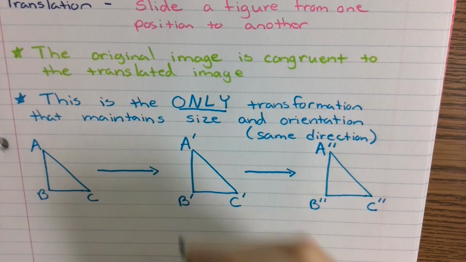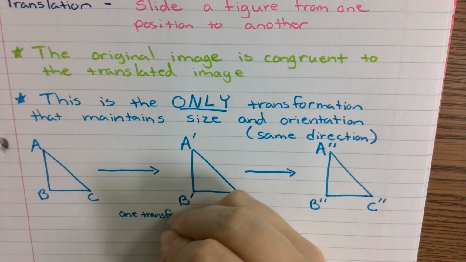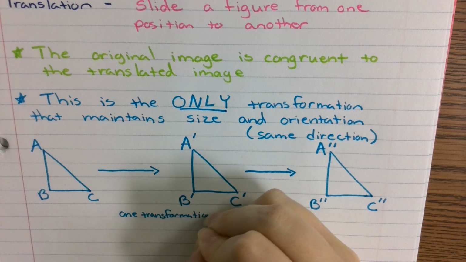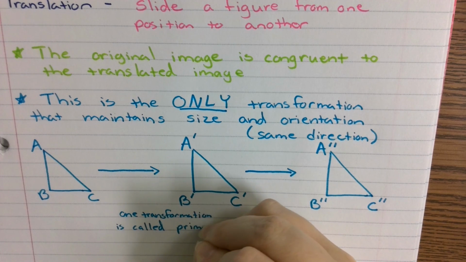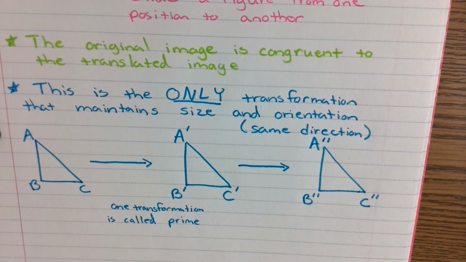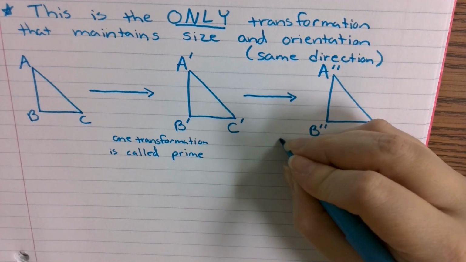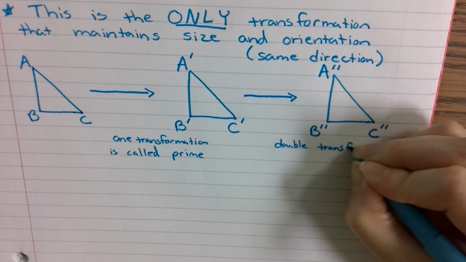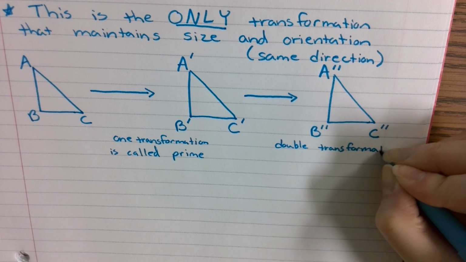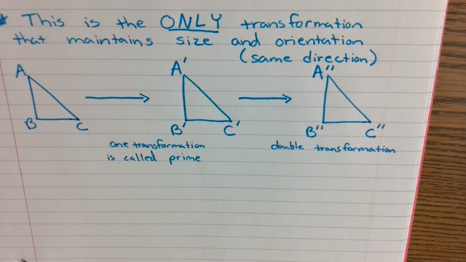Okay? So, a single transformation is called prime. A double transformation means that you had 2 transformations, like 2 translations, or a translation and a rotation, or a rotation and a reflection, or a reflection and a dilation, or maybe a reflection and a translation.